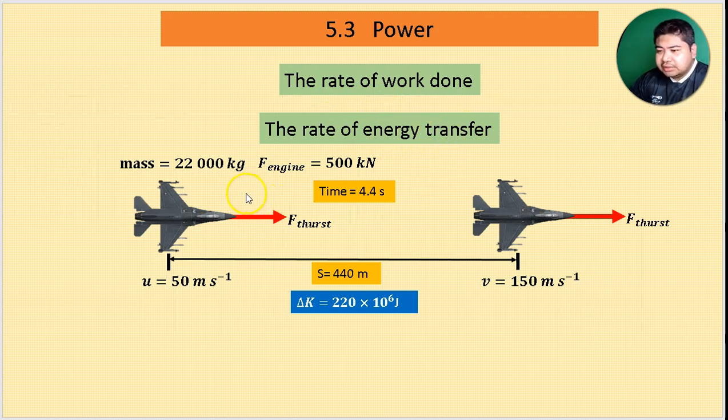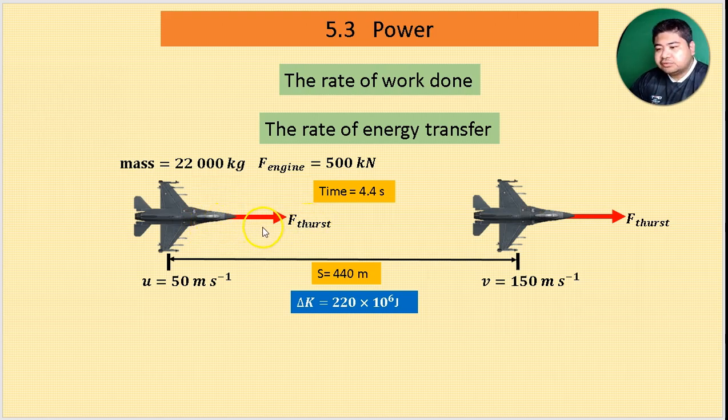Let's look at the previous example that we have done in the video. We have an aircraft and a thrust force that is pushing the aircraft forwards. In this example, we ignore the air resistance, so the only force acting on the aircraft is the thrust force.